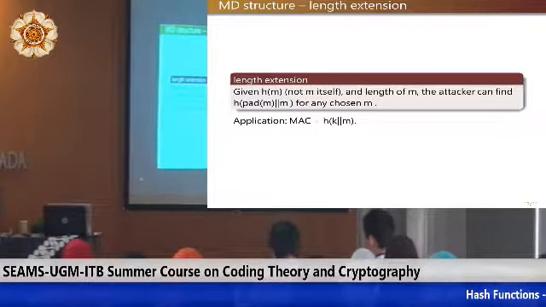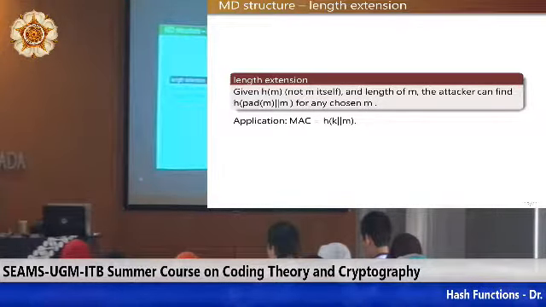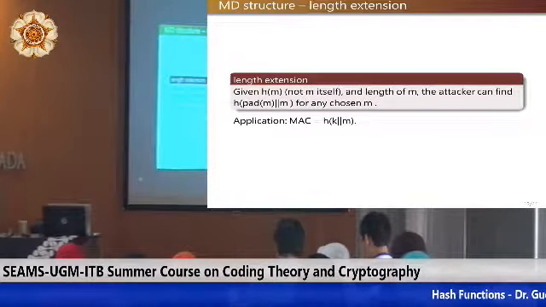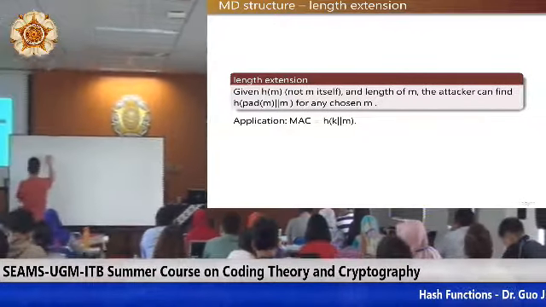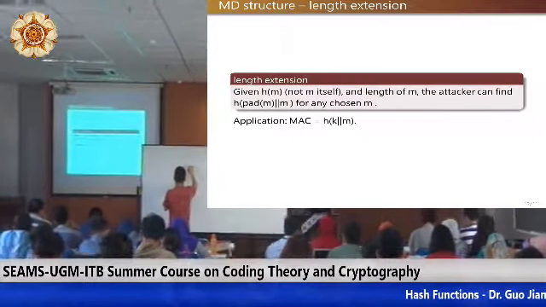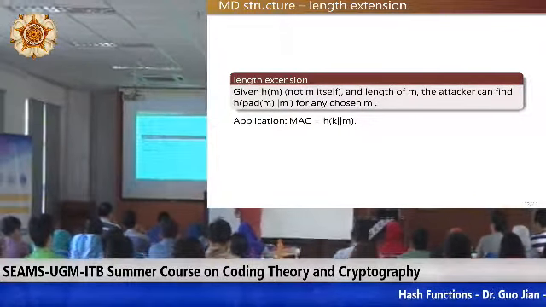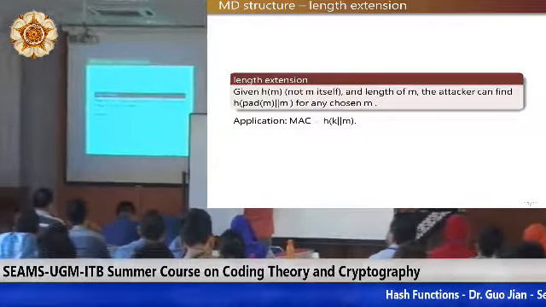If this MAC is the hash digest of key followed by message, what I can do is, I know the MAC of H of K, padded M, followed by M prime.